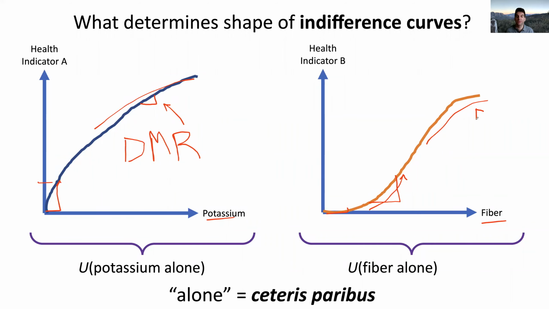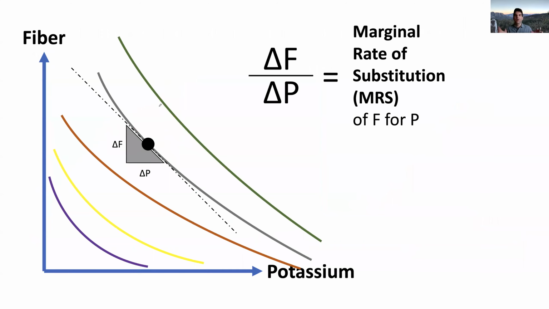So you get the diminishing marginal returns later, but initially, you have accelerating marginal returns. So this is what we mean by diminishing returns, is that the same increase in quantity doesn't give you the same increase in utility.